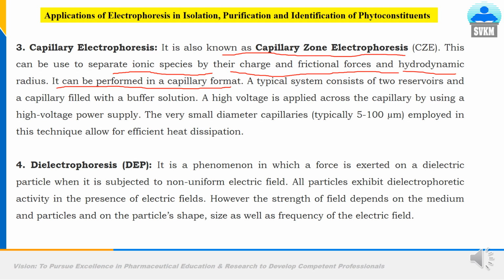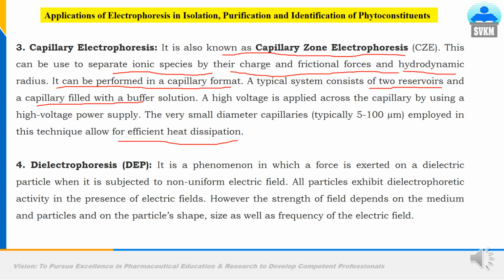The typical system consists of two reservoirs and a capillary filled with buffer solution. A high voltage is applied across the capillary using a high voltage power supply. The very small diameter capillaries, like 5 to 100 micrometers, employed in this technique allow for sufficient heat dissipation and separation of compounds.